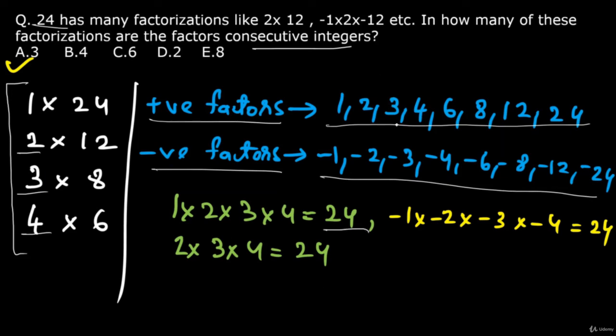Similarly, 2 into 3 into 4 also gives you 24. Now, minus 1 into minus 2 into minus 3 into minus 4 also gives you 24. But you can note that minus 2 into minus 3 into minus 4 is equal to minus 24, right? So that does not count. So there is 1, 2, 3 cases where the product of consecutive factors is equal to 24. And hence, the correct answer is option A, that is 3.